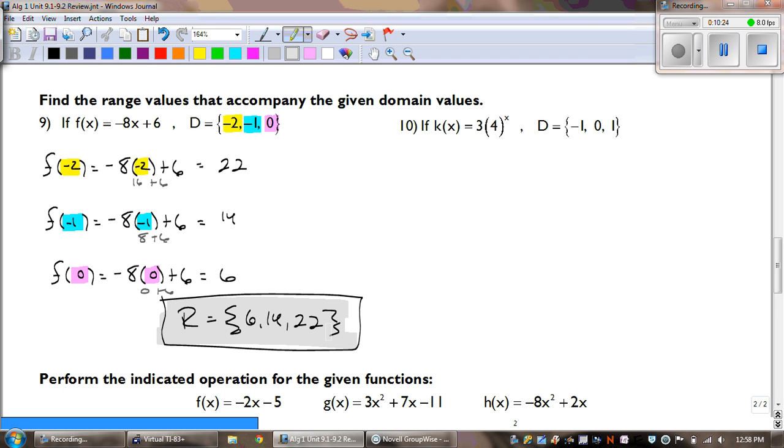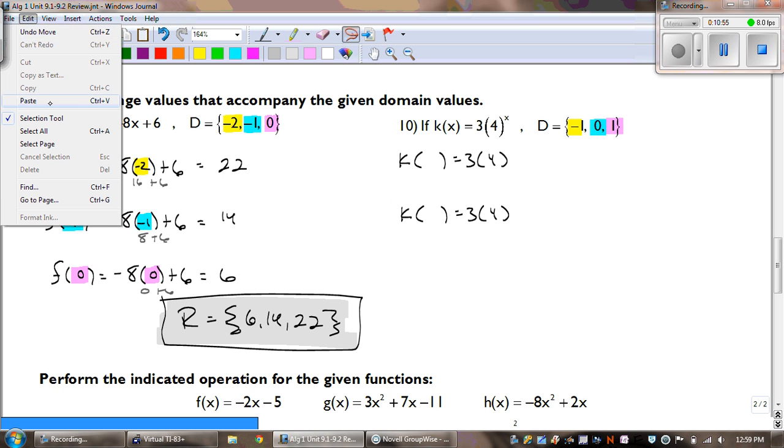Okay, so you're going to do the same thing for number 10. Okay, we've got 3 values to check, the -1, 0, and 1. Sorry about that. So we're going to do the same thing that we did in that last one. 4, and then our x, the exponent up there, is going to change each time.